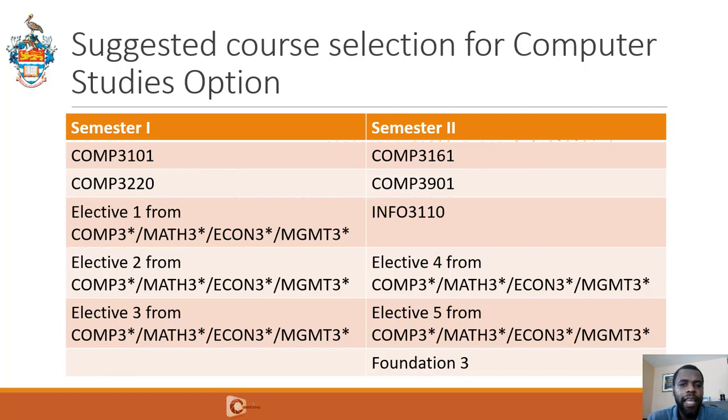Okay, and then the second semester you take Comp 3161, Comp 3901, Info 3110, and then you're going to take 2 more electives chosen from either a level 3 comp math, econ, or management course. Okay, and then your 3rd and final foundation course.